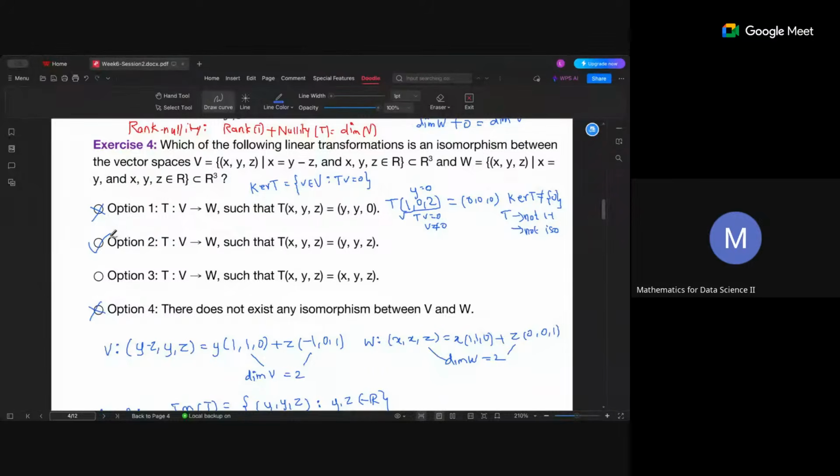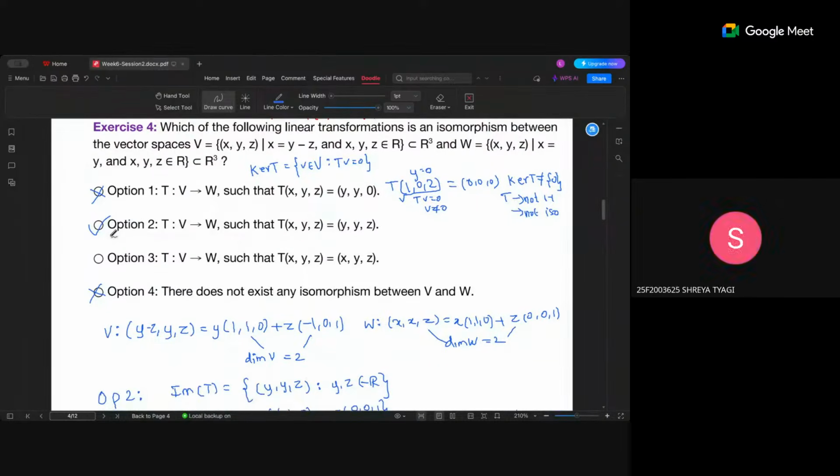You agree? Ma'am, I have a small doubt. Ma'am, if x is 1 and y and z is taken as 0, then we get 0, 0, 0.